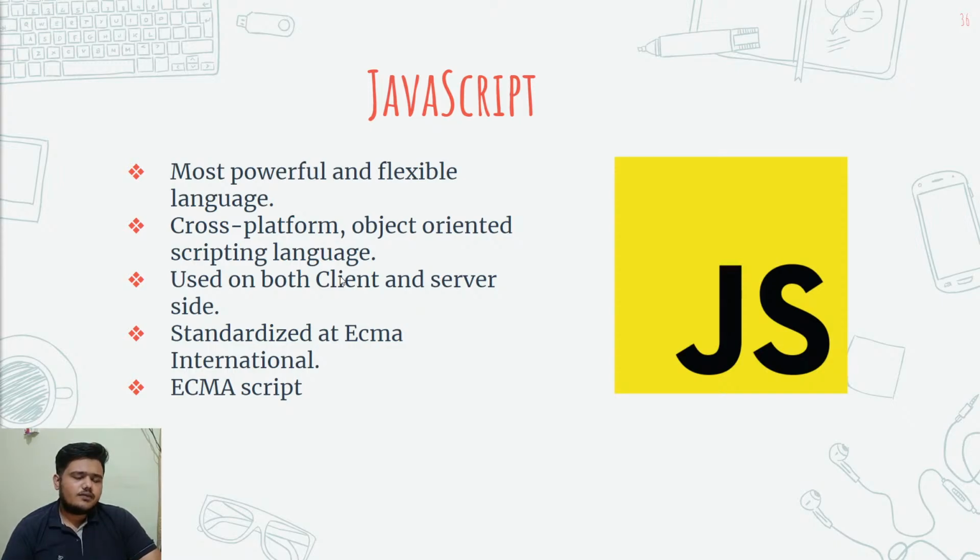We can say that it is a cross-platform object-oriented scripting language used to make web pages interactive. That means JavaScript is used to provide functionality to web pages, for example, having a complex animation, clickable button, pop-up, menu, etc. Right?